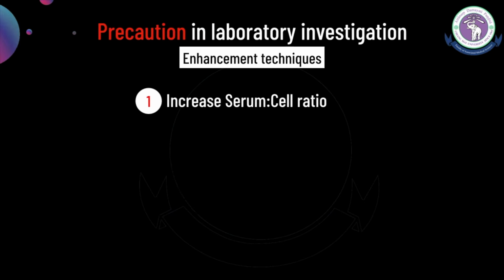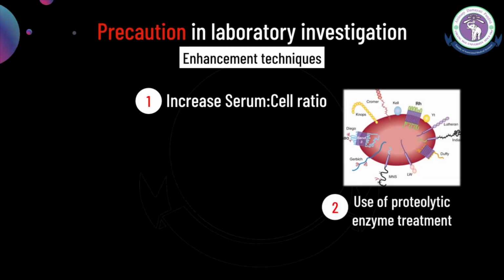The precaution is that if increased serum volume is selected, more washing should be performed to remove non-specific proteins. And if decreased red blood cell concentration is chosen, agglutination should be observed carefully.